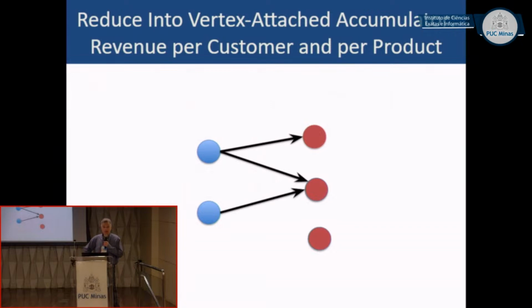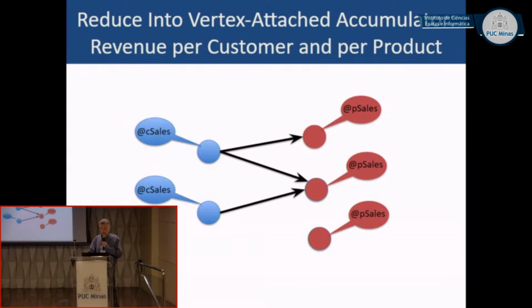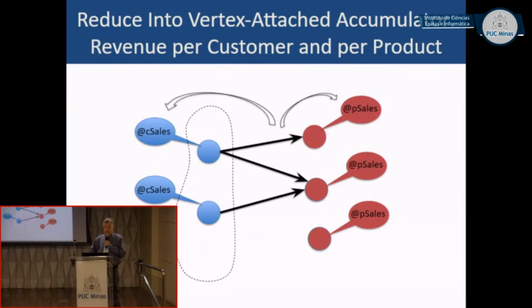And how does this work in the entire graph? Well, all the nodes are equipped with these accumulators. We start from this vertex set, let's say, and then we operate over all the edges. This first edge computes that revenue, it sends it to the two accumulators, but there are other edges that do the same.